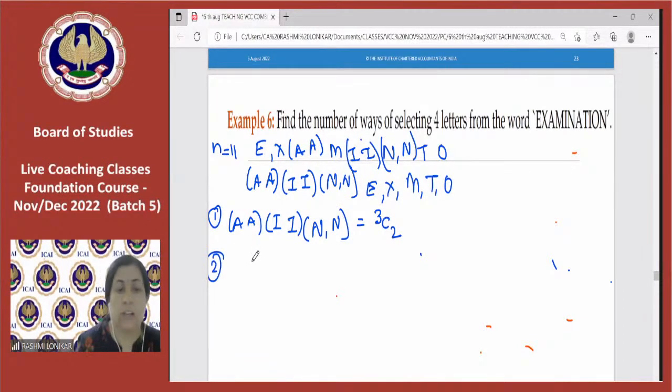Second point. Second may be that I select one pair from these and the remaining two alphabets from the others.